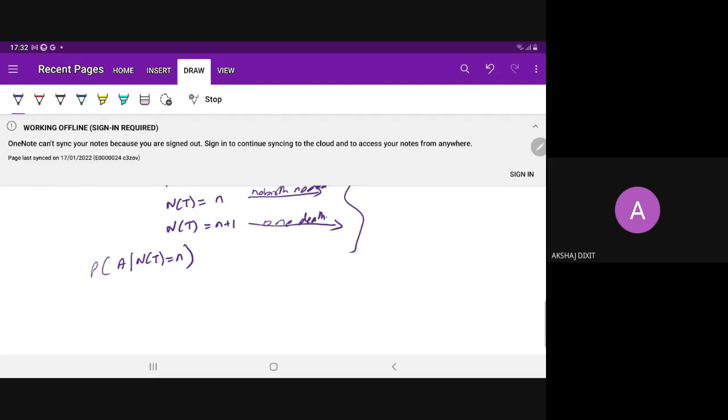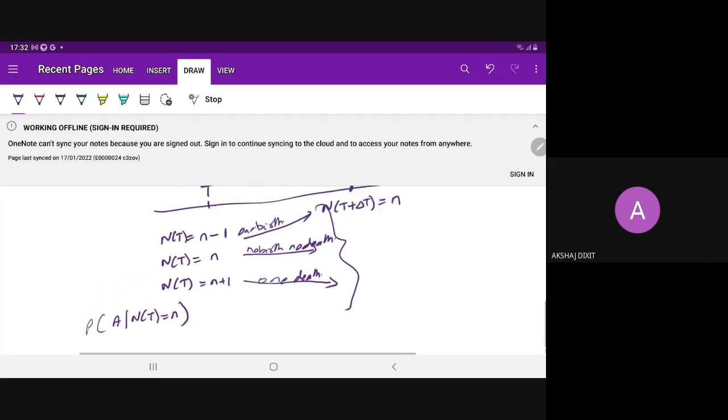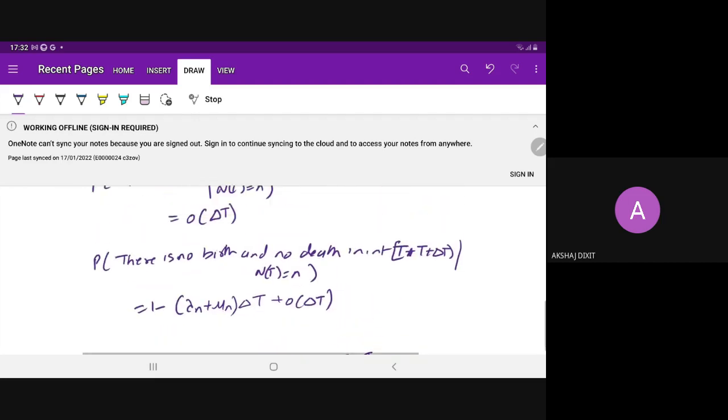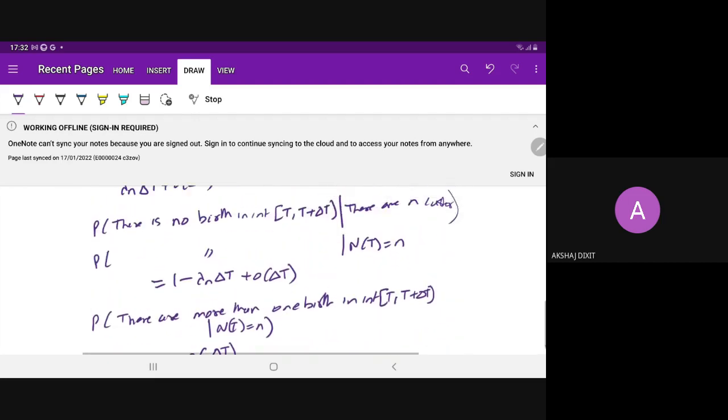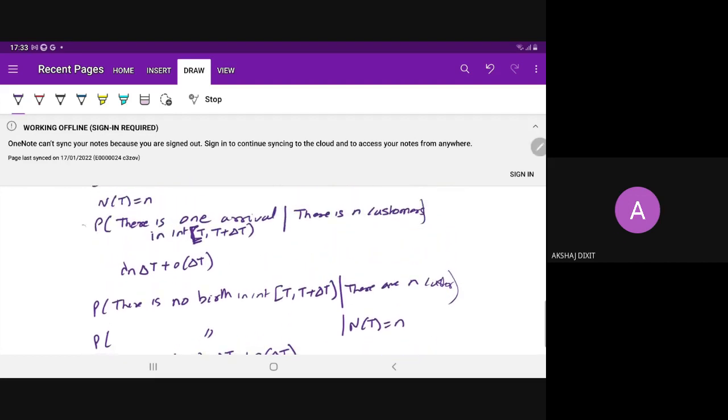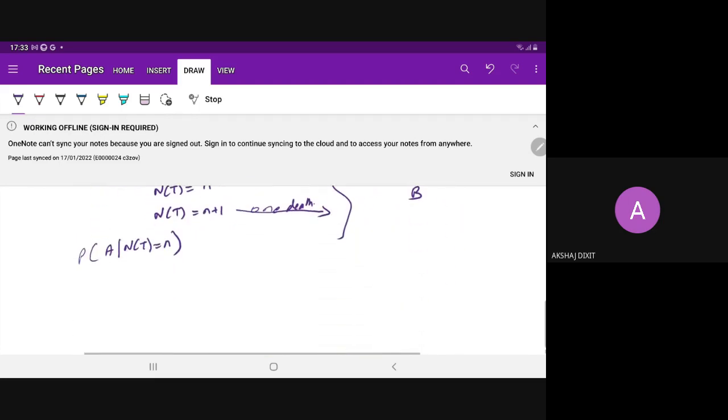So what will be the answer? When there are n customers in the system, the probability of A, exactly one birth, is equal to lambda n delta t.